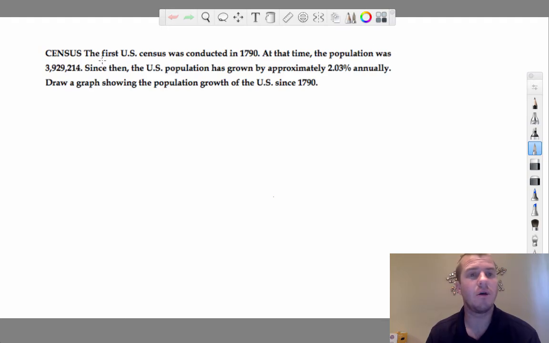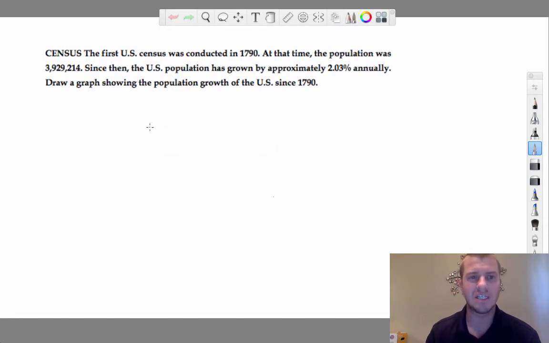So in this scenario, the first U.S. Census was conducted in 1790. At that time, the population was 3,929,214. Since then, the U.S. population has grown approximately 2.03% annually. Draw a graph showing the population growth of the U.S. since 1790.